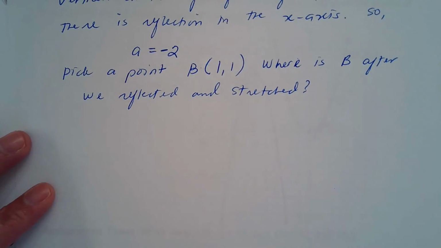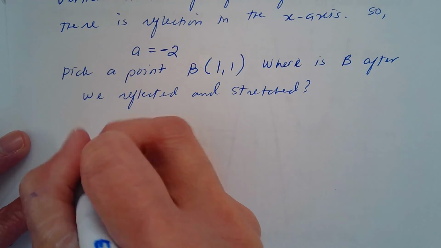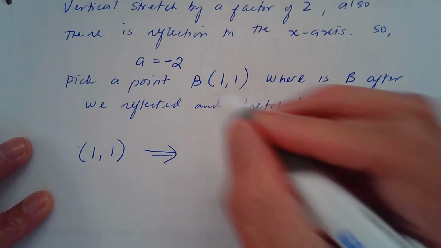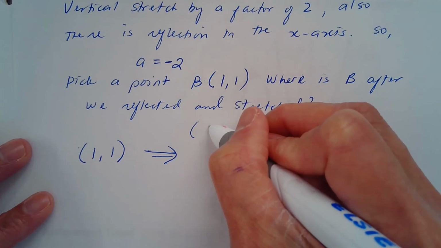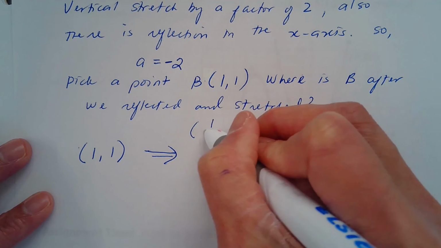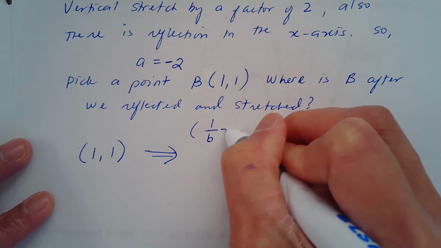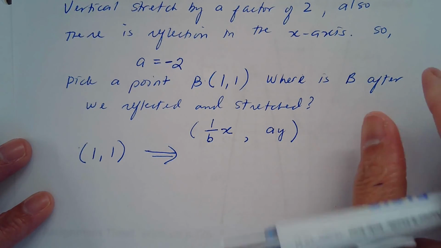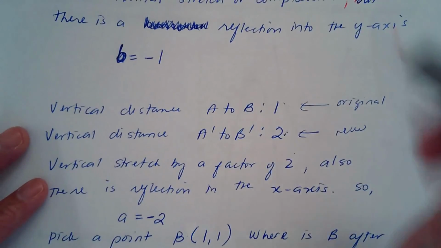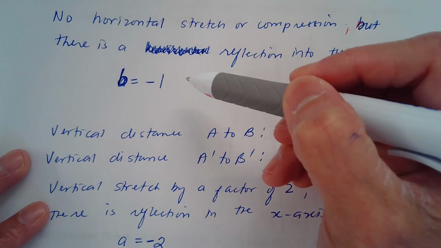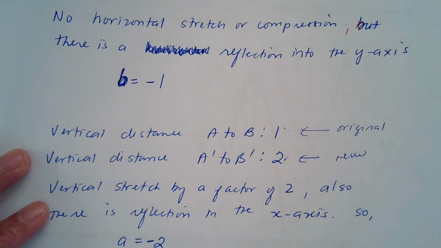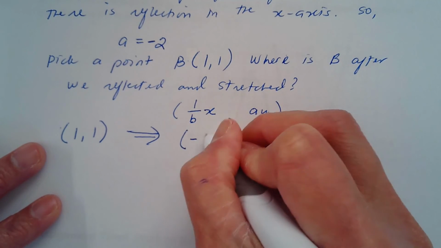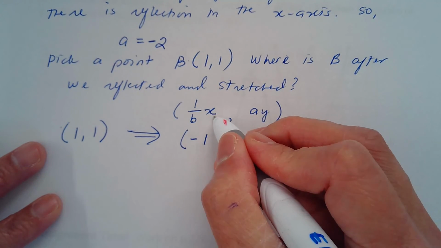Okay, so 1, 1. Now, what did we say? 1 over B times x, comma, A times y. So here B is -1, so 1 over -1 is -1, times x.